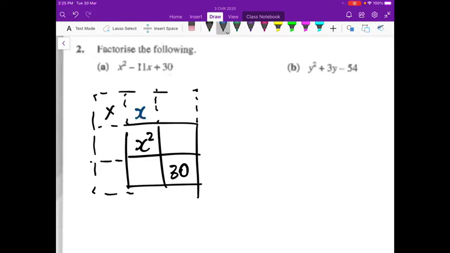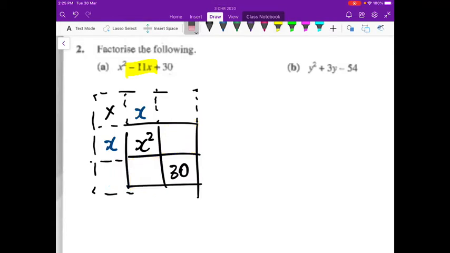X times x. Now, what times what gives us 30? We'll try to fill in this blank and this blank to give us 30. Okay, 10 and 3. If we try 10 and 3, 10 times x is 10x, 3 times x is 3x. You compare these two x terms, how many x do we have altogether? 13x, but it is not 11x. In fact, negative 11x. So what does this tell us about 10 and 3? Wrong. Erase. Redo.